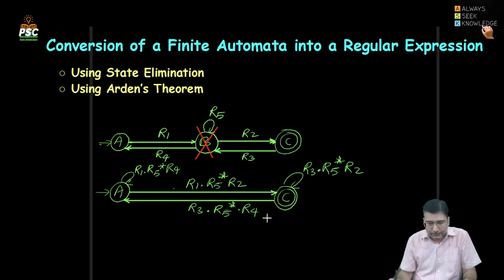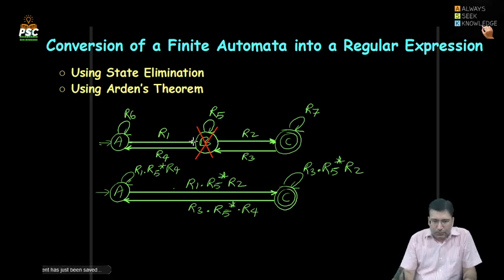Okay, now if we consider one more scenario, if you are having a loop here also, so if I have, let's say, already there is a loop, I consider there is a loop, let's say there was R6, and let's say there was also a loop R7, then what will happen?